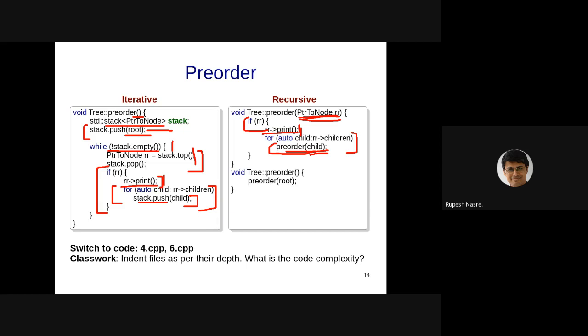For auto child colon RR arrow children, so this is going over each child exactly once, right? And pre-order of child. So there is some bookkeeping required for each node in addition to printing it. That bookkeeping is coming from the parent.